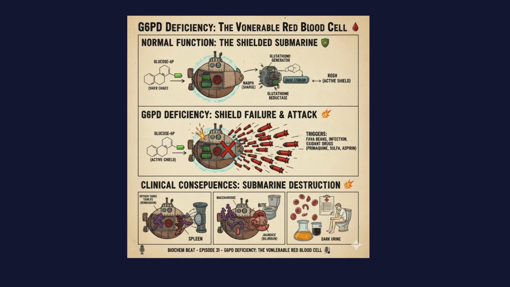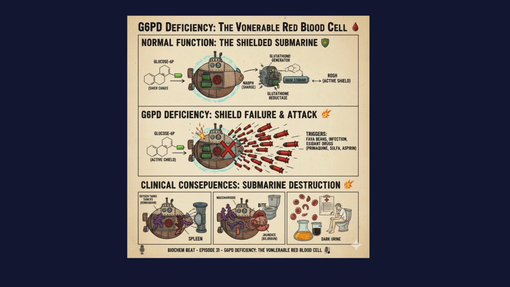Here our activated form, the reduced glutathione, is the active shield. The NADPH charge is needed to continuously produce the shield, allowing it to intercept and neutralize our oxidative torpedoes, that is our ROS. So in G6PD deficiency, the RBC cannot produce enough NADPH, leading to oxidative damage.